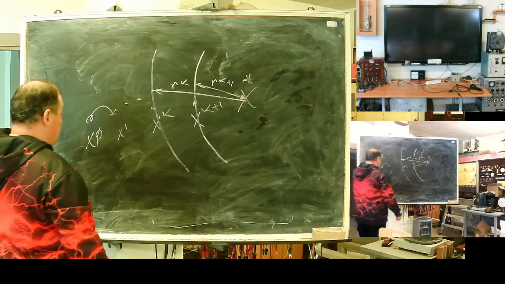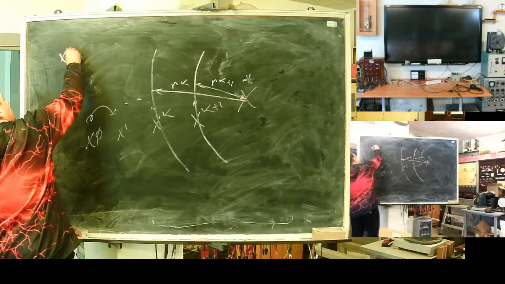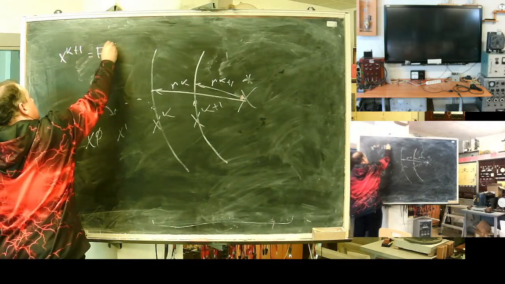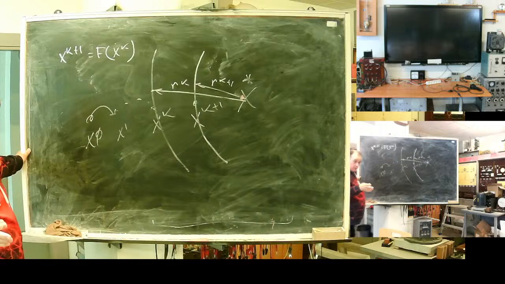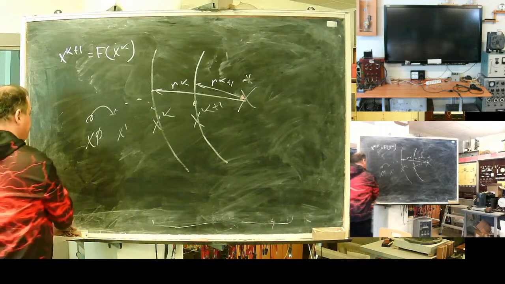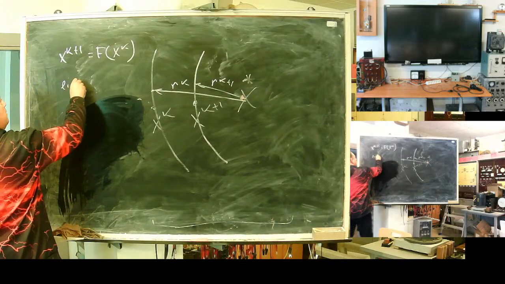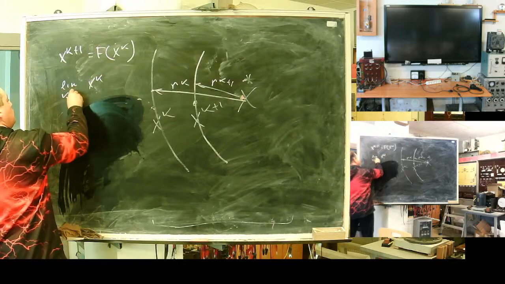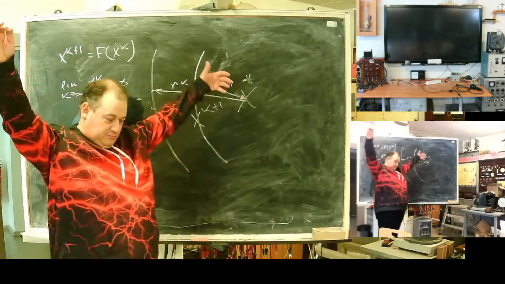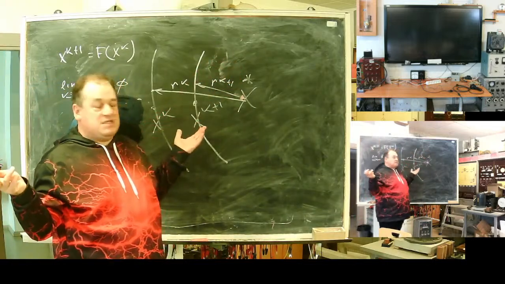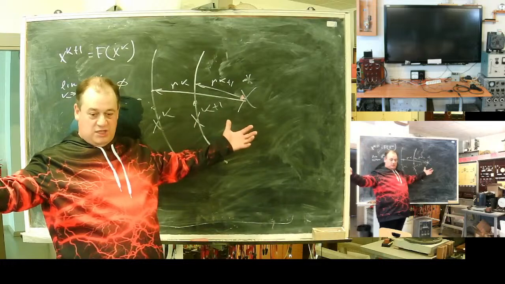I can say that at the end of the process, if my process of finding next as a function of previous leads to the point I needed, this means that at the end, as x_k goes to infinity, r will be 0. At the end, where will I be? It's the center of mass of this gold chest.